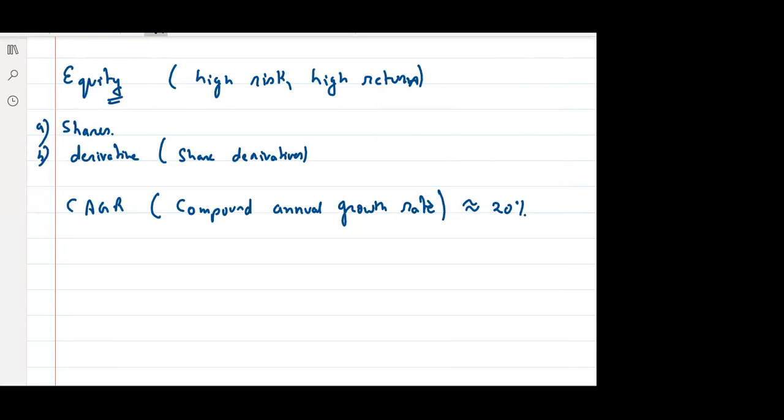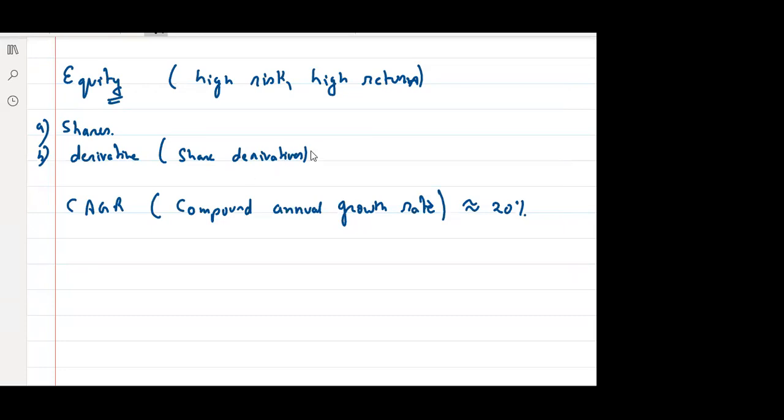Clear? Because in some years it will grow, in some years it will decrease. So I can say compound annual growth rate is around 20% plus for every good company. For Adani, it is very high now, more than 50%, because it is growing in a very short period of time.